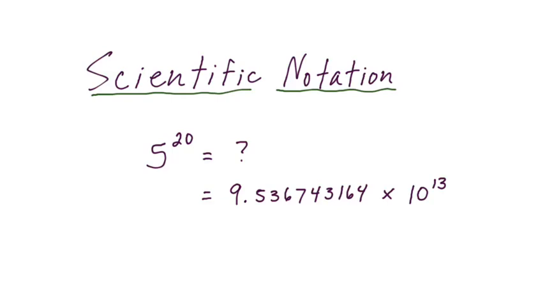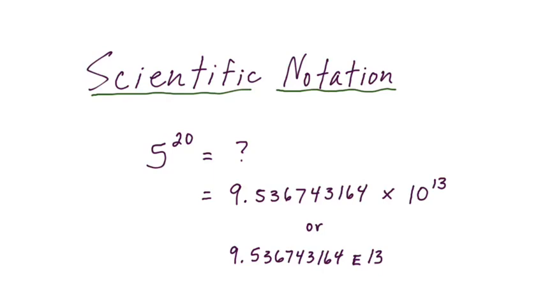So this is a very big number. Basically, 10 to the 13th power is a 1 with 13 zeros. And if you had a graphing calculator, you might get something like that. Or there are some scientific calculators that'll give you a different form, but they're all the same number.